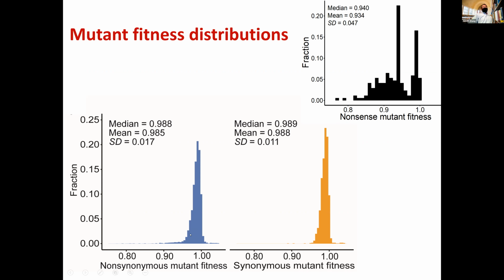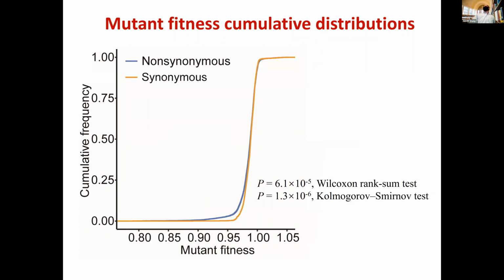The majority of the mutants have fitness slightly below 1 for both non-synonymous and synonymous. There is a tail you can barely see here, but the blue has a bigger tail. When you test the difference between the two, they are significantly different.